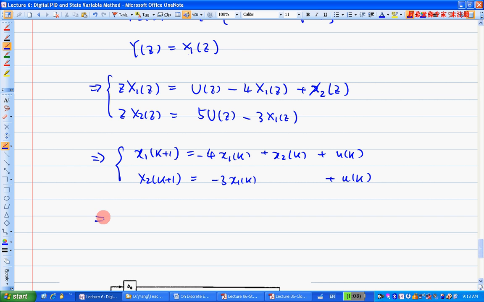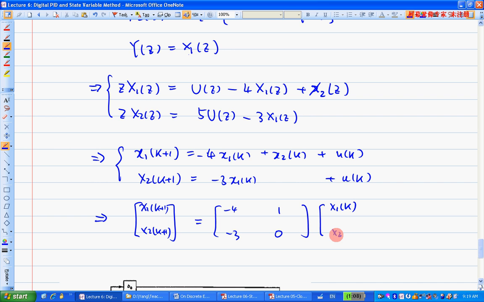And if you want to write it in a matrix format, what would that be? Negative 4 here, 1 here, negative 3 here, 0 here. You're missing a 5, right? The 5 u of k. Oh, right.